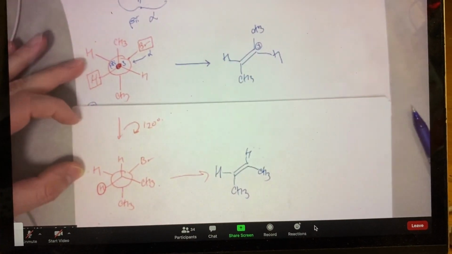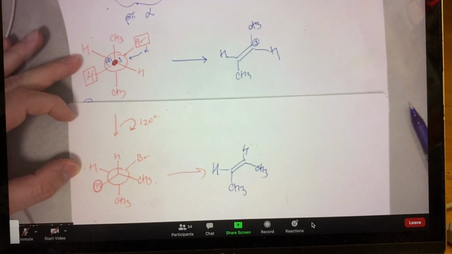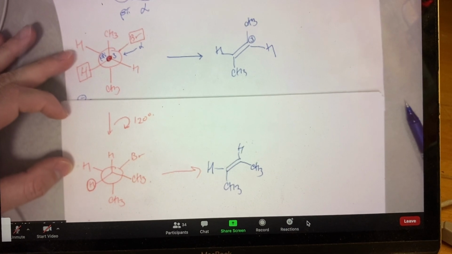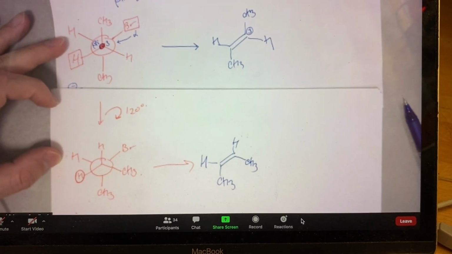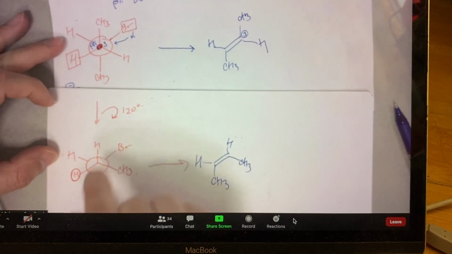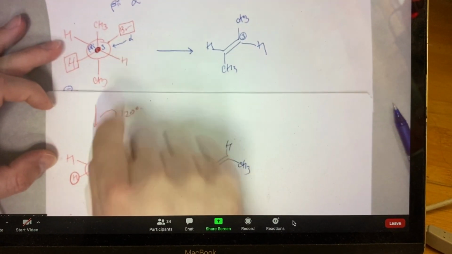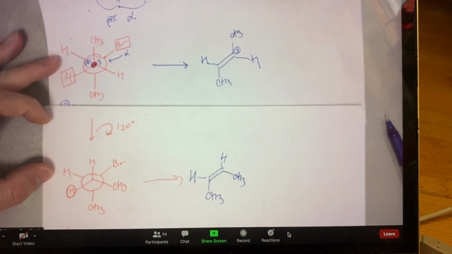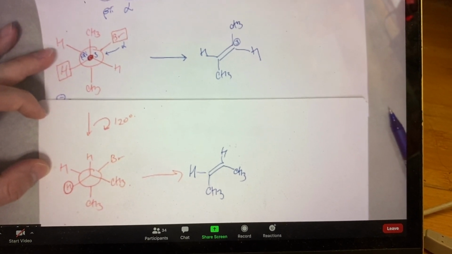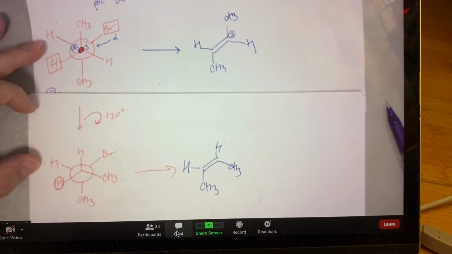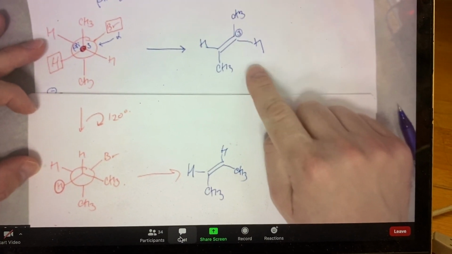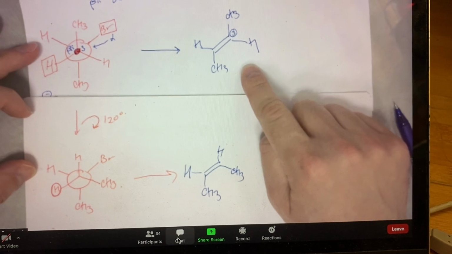Let's look at these two conformations and try to make an educated guess about which one is more stable. Let's take it all the way back to Newman projection. One of these two conformations is more stable than the other one. One of them is less stable. One of them is more stable and leads to a more stable, higher formed product, the trans disubstituted.